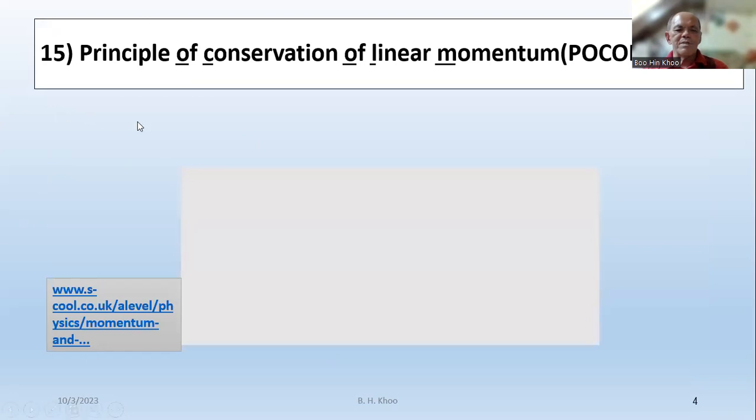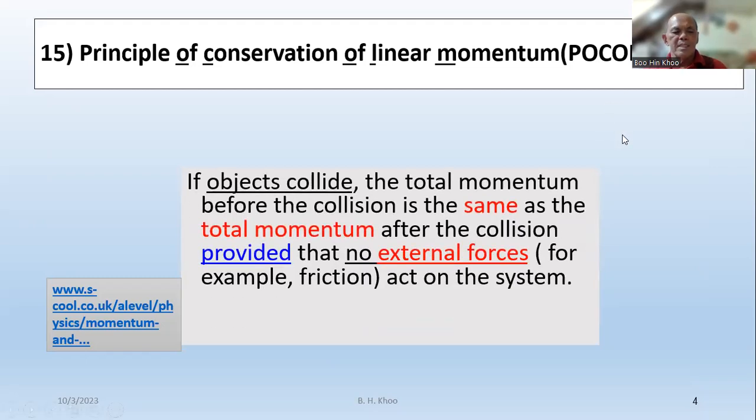Let's state the principle of conservation of linear momentum. POCOLM. If an object collides, the total momentum before collision is the same as the total momentum after collision, provided no external forces, for example friction, act on the system.